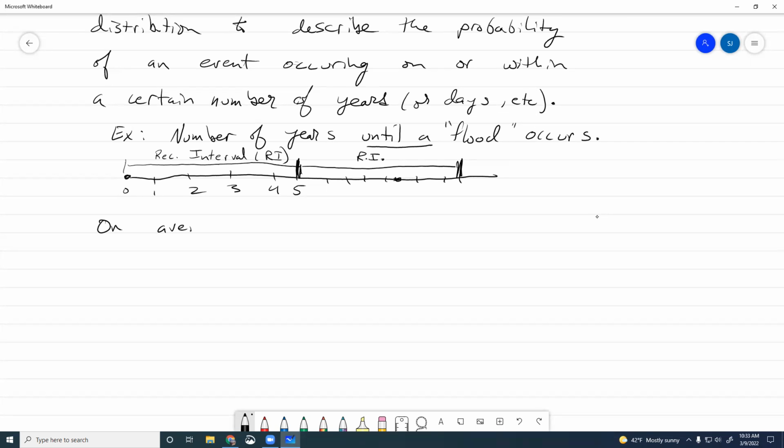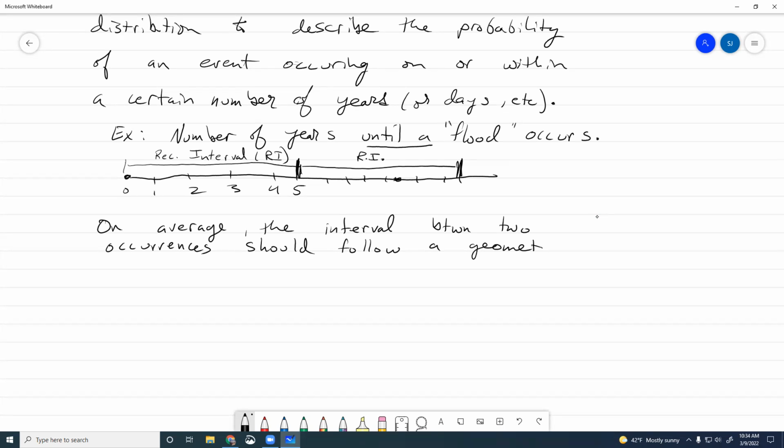So on average, the interval between two occurrences should also follow a geometric distribution. So N is the number of intervals until an event occurs.